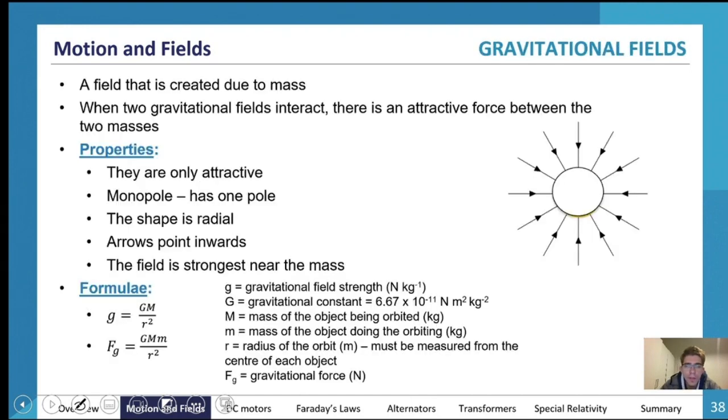Now, the properties of the field that we are talking about depend on the type of field that we are, again, considering to talk about.